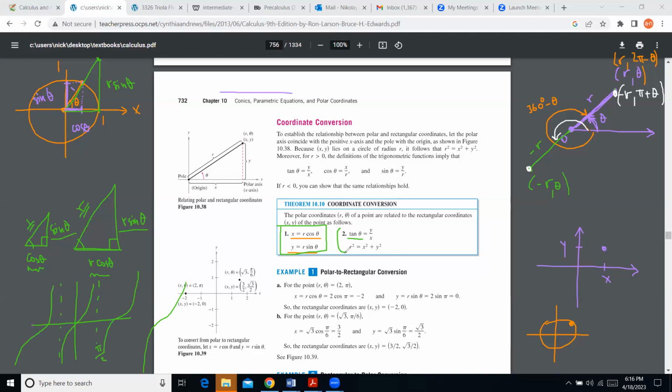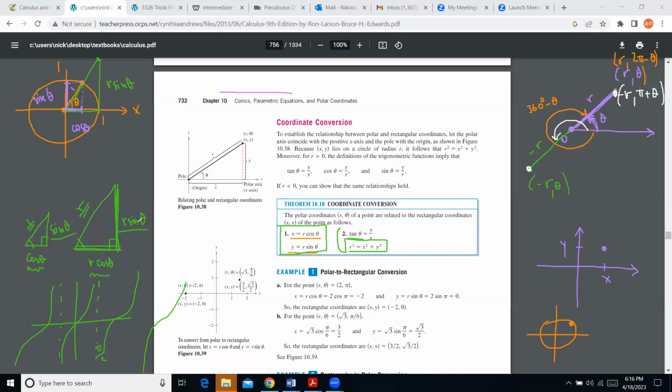And also you can see that the Pythagorean theorem, r squared is x squared plus y squared, is present here. Since it's a right triangle, the sum of squares of the sides is equal to the square of the hypotenuse.